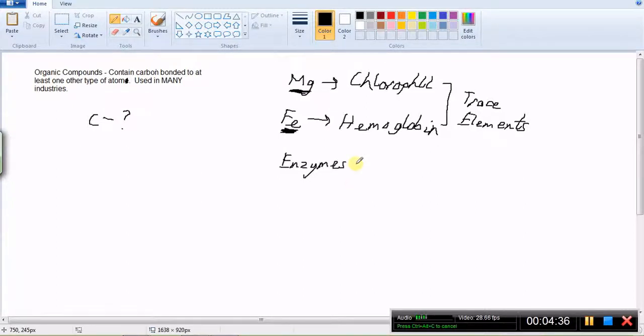Enzymes use a lot of zinc and copper. Those aren't the only two, those are just examples. There are quite a few enzymes that have a small amount of zinc or a small amount of copper in them, and those help chemical reactions occur either faster or better. You will learn more about these enzymes, or proteins, later.